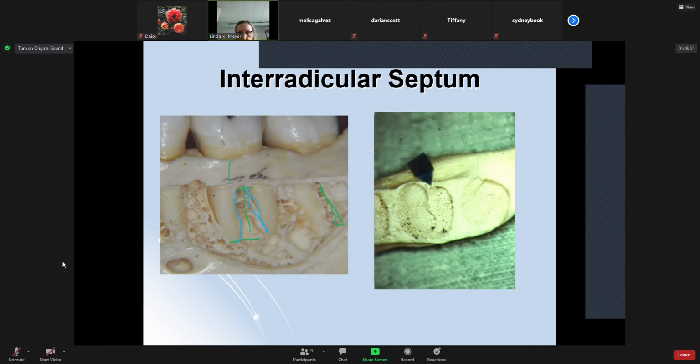Okay, so here's the interradicular septum. One tooth root would fit in here and one tooth root would fit in here. And this is just that interradicular septum with the green line. Here we're looking at it face on, mesial distal view, and this is from an occlusal view.